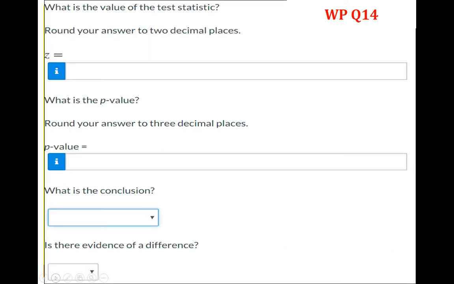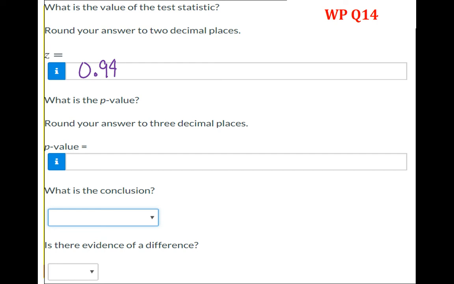So round your answer to 2 decimals, 0.94 for our z-score, right? Okay, good so far. Secondly, what is the p-value? Well, I'm going to have to actually use my calculator to get this. So I'm going to calculate my normal CDF value.